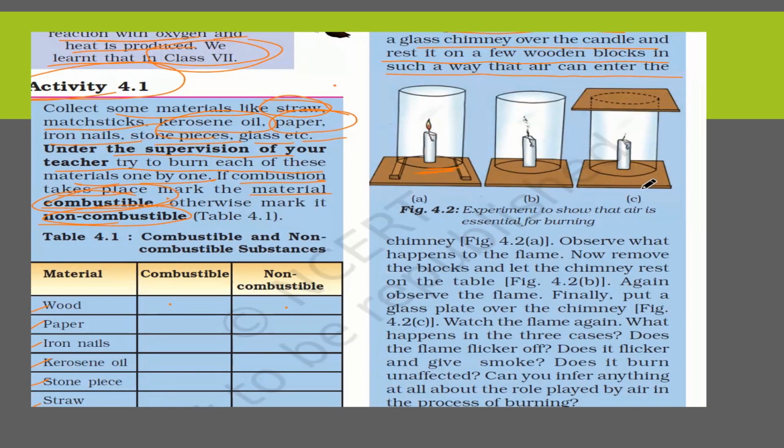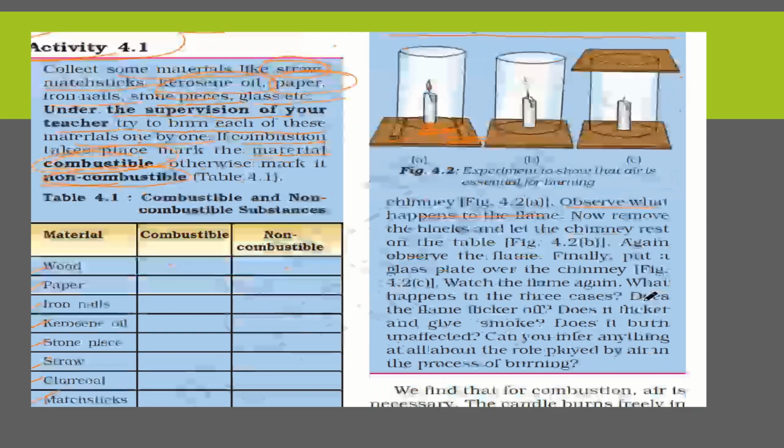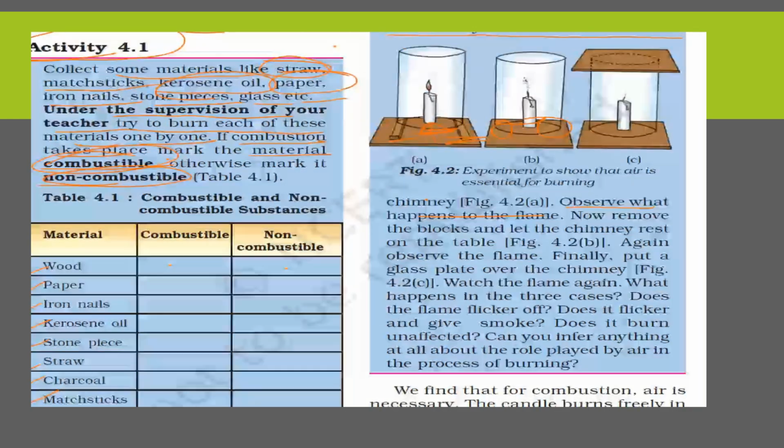It's resting on two wooden blocks, which shows that air is passing into it. Observe what happens to the flame. Now you are removing those two blocks in B. No blocks are there and it is resting on the table. Again observe the flame.